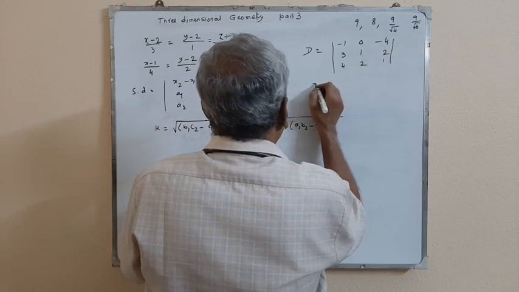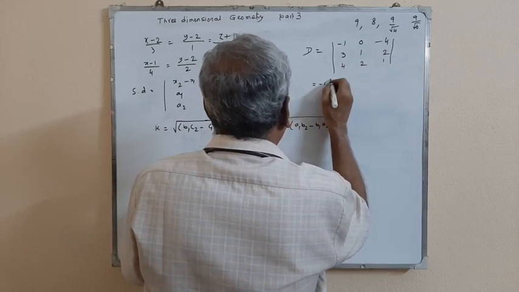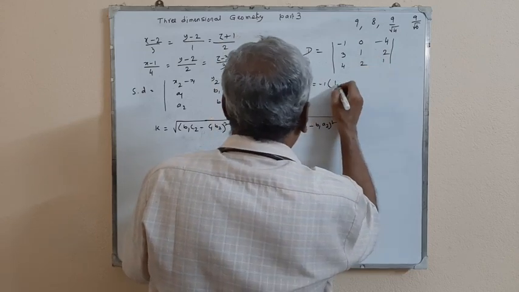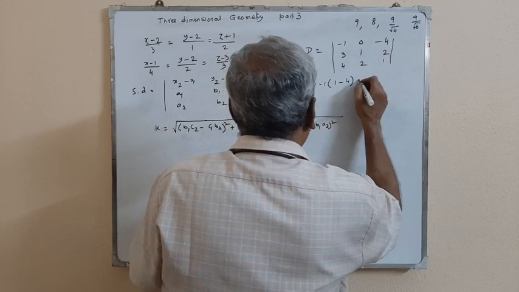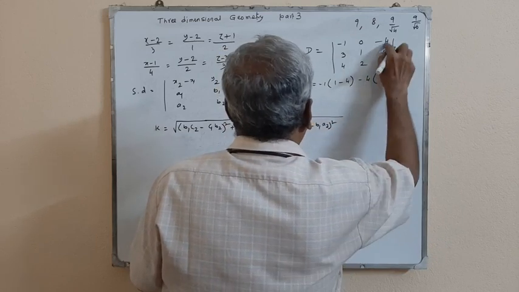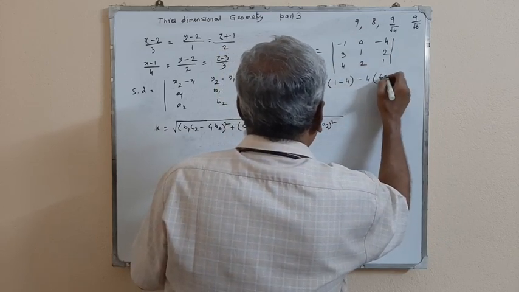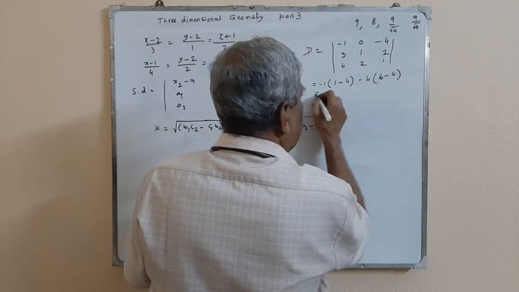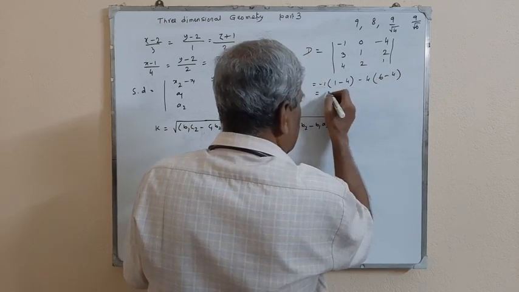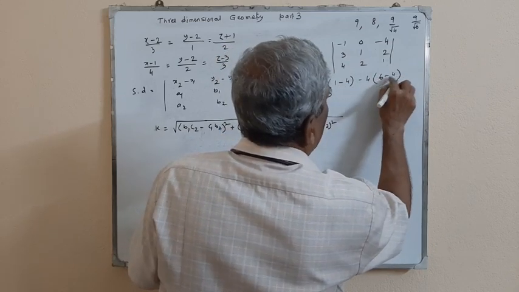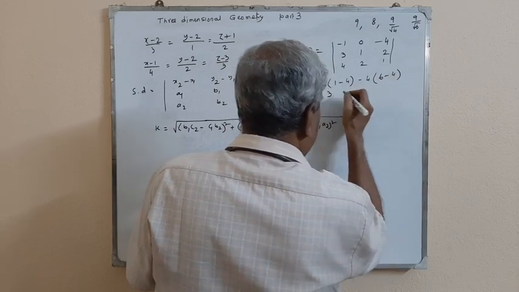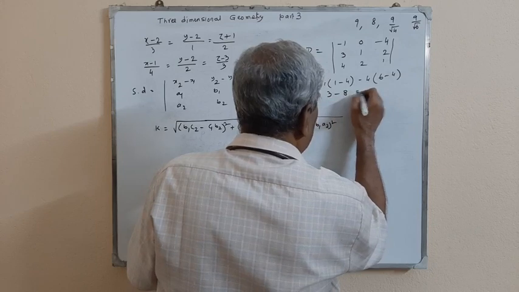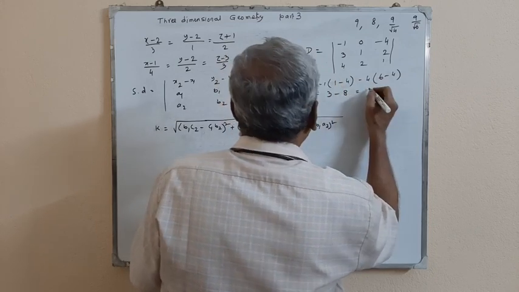So it is equal to minus 1 into 1 minus 4. 0 into something is 0. Finally, minus 4 into 6 minus 4. So it is equal to minus 3 plus 3. And this is equal to 2 minus 8. So it is equal to minus 5.